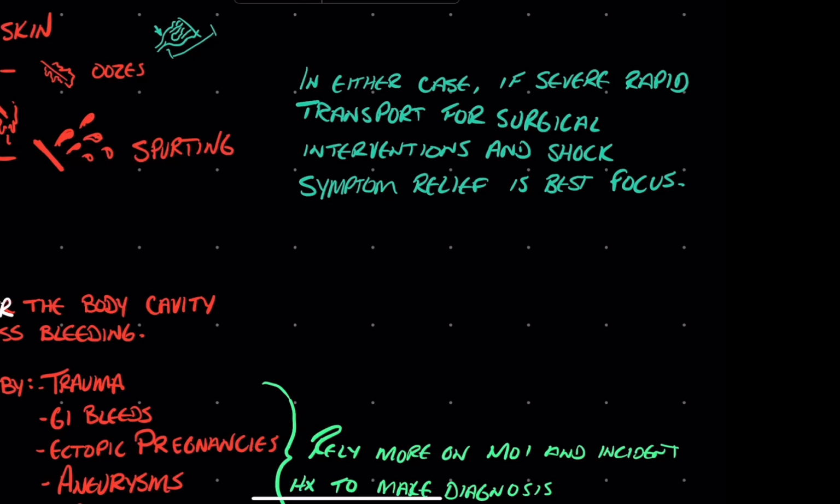In either case, whether it be an external or internal bleed, if we're deeming it to be a severe bleed, or assuming that it might be a severe bleed based on the MOI and incident history, the best intervention we can do is to initiate rapid transport of these patients.